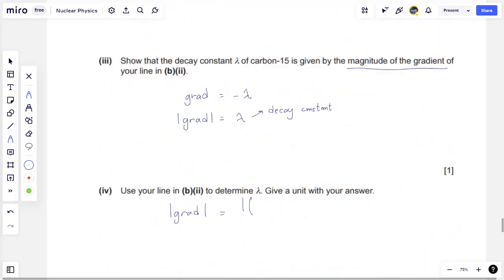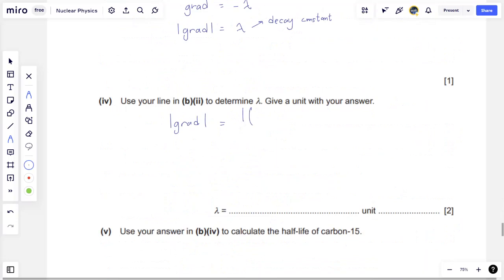So I've chosen these 2 points. Remember, I just need 2 points on a straight line graph and I can find the gradient. I've used 2 points that are on my line of best fit, but also very close to the squiggly line that was given.